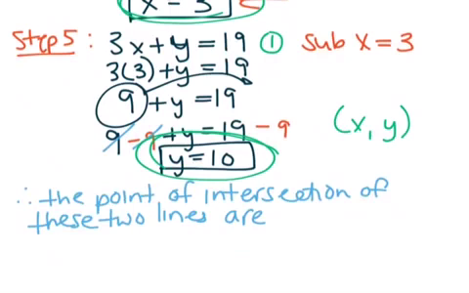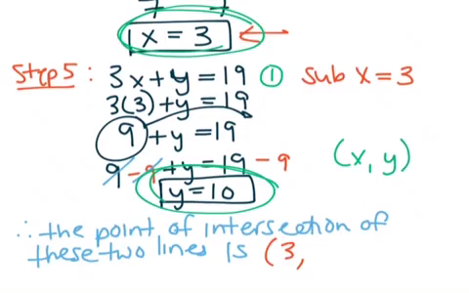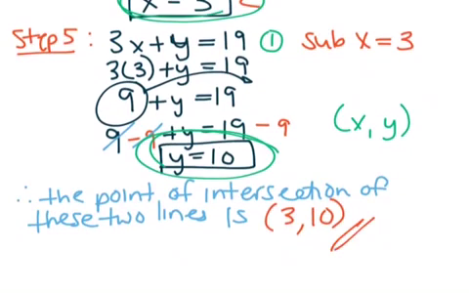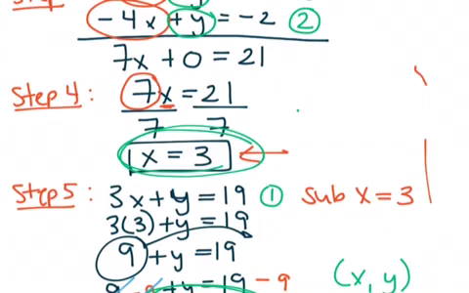So the point of intersection of these two lines is, and then we'll do brackets, x is 3, so we'll write 3, y is 10, and we are done. So just as a recap, let's take a look at our steps one last time.